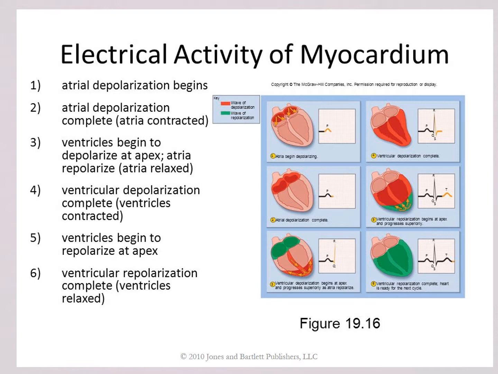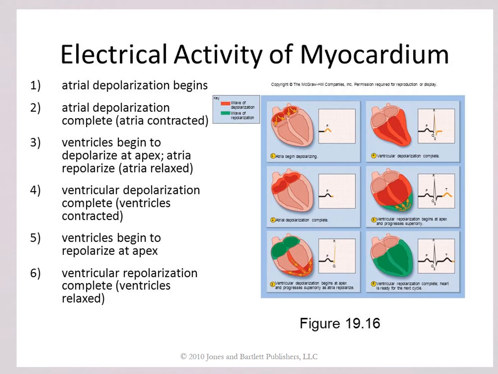Next, we have number 3. This is where the ventricles begin to contract. Now notice in your picture of your heart on number 3 that the atria are green. This is because the atria are already repolarizing or relaxed, while the ventricles are starting to depolarize.